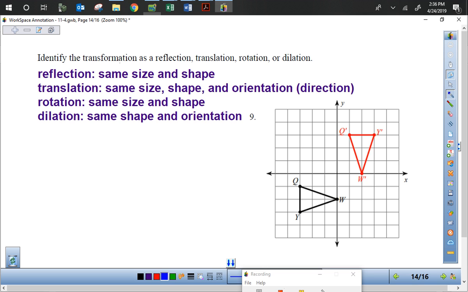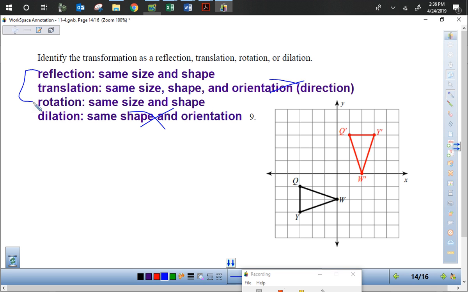All right, same size, same shape, same direction. That's what we're thinking about here. So here, same size, same shape, but the W points down here, the W points to the right here. That doesn't work for us. Okay, so it's not a translation. Because it's the same size, it can't be a dilation, and we're stuck between a reflection and a rotation again.